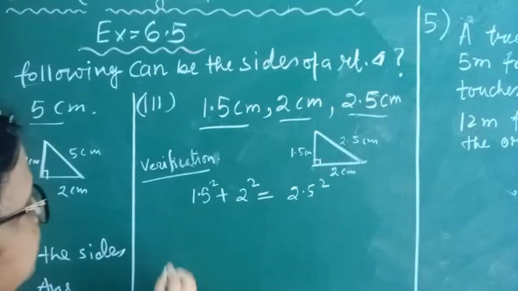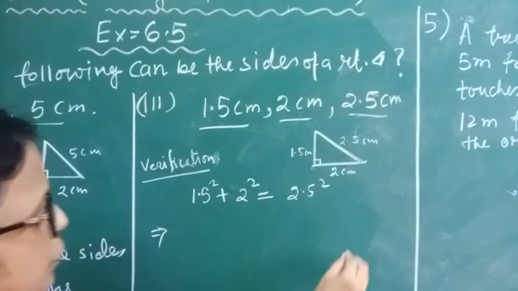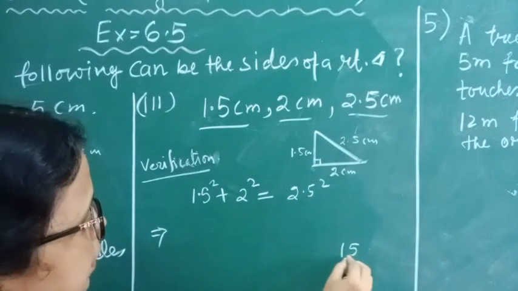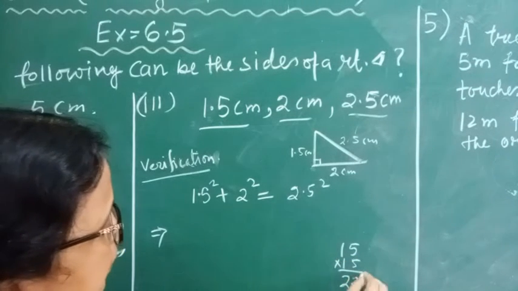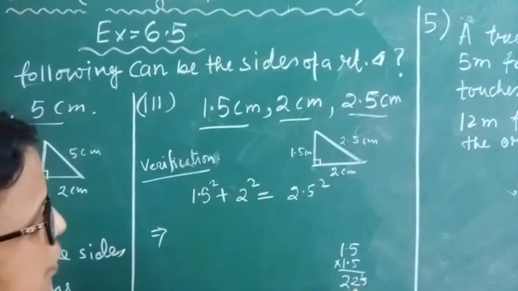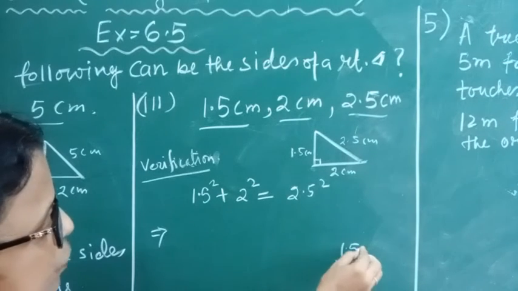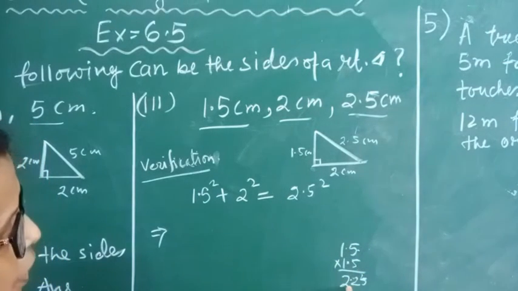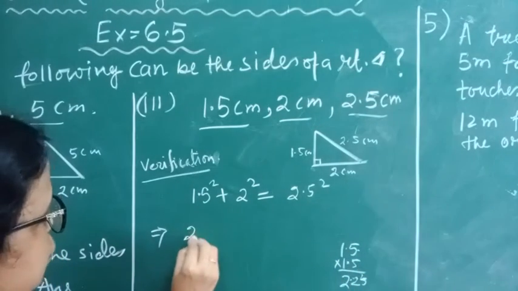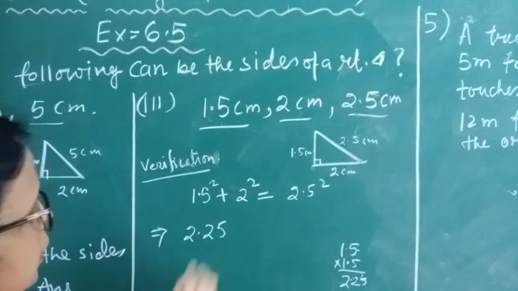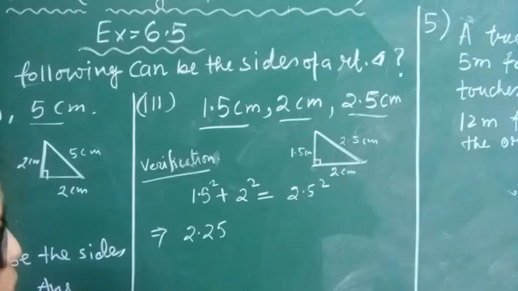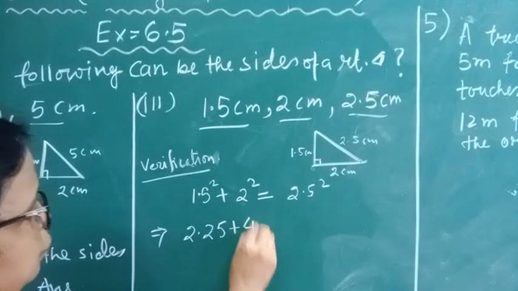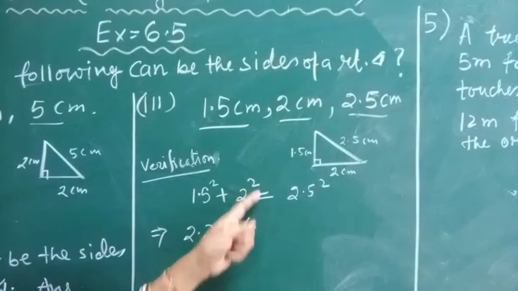Let's check. 1.5 into 1.5, ignore the point and multiply 15 into 15, it will be 225. As the point is there after two places, one here and one here, the point will come after two places, so 2.25. Now 2 square is 2 into 2, which is 4.